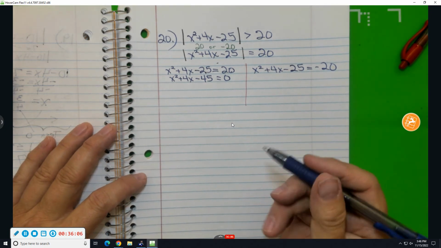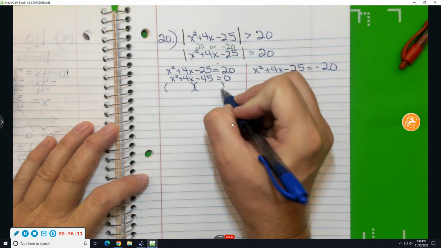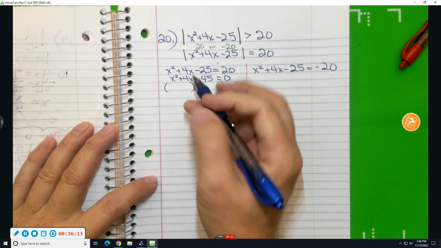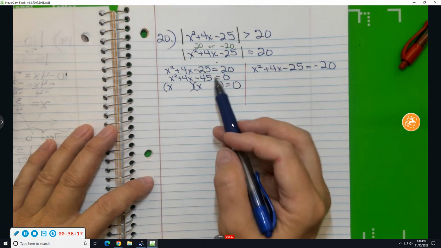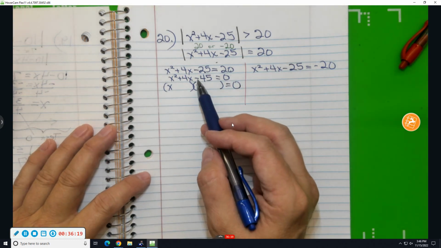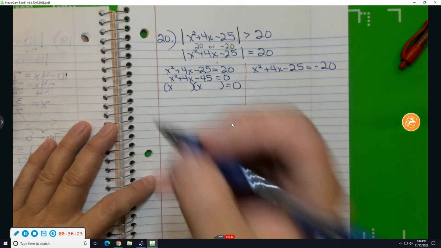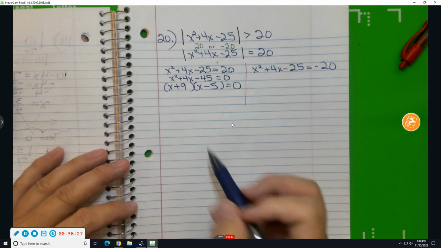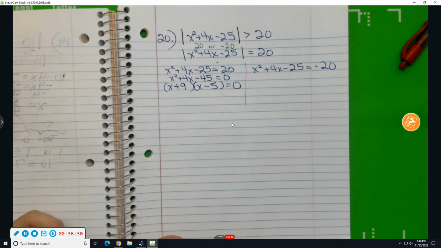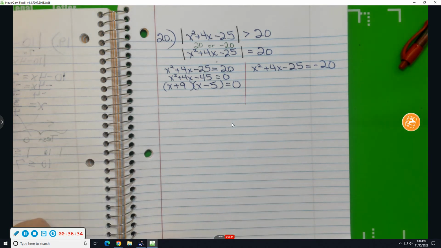Here's the important factoring part. Are we going to get the same thing inside both sets of parentheses? X squared, that's x times x. What do we know about the signs? The last sign's a minus, so we have 1 plus and 1 minus. I think a plus 9 and a minus 5 will give us back that plus 4x. Notice 9 times negative 5 gives us the negative 45.